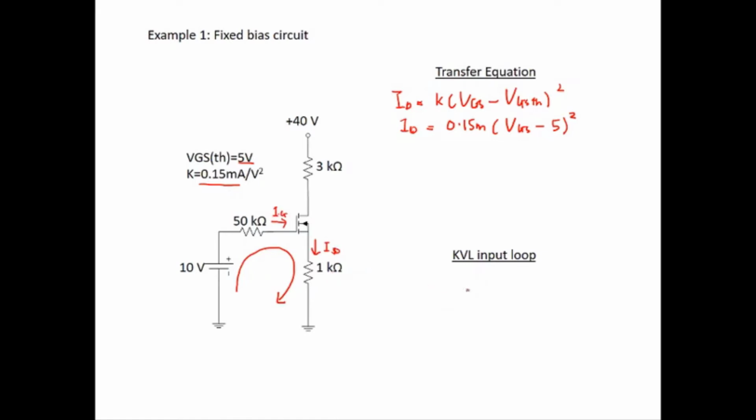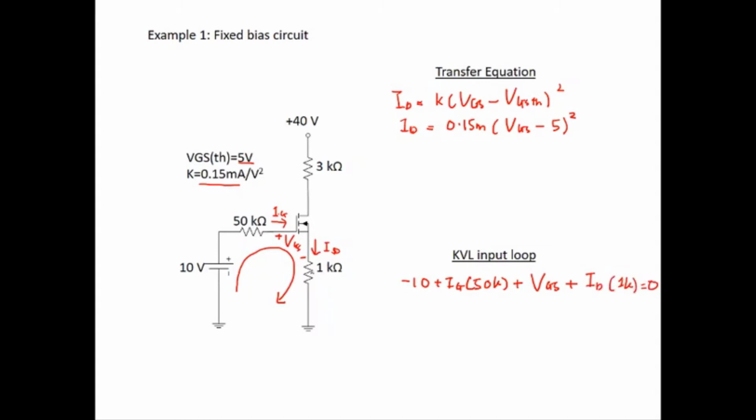So you write down the KVL: minus 10 plus IG times 50K. In between the terminals, there will always be a voltage drop, so this is gate and source. So we have the drop of VGS, and then ID times 1K equal to 0.